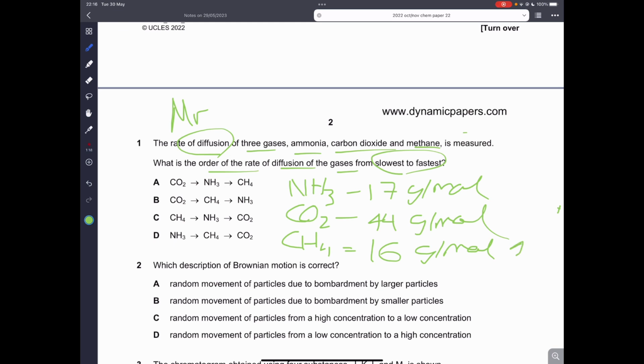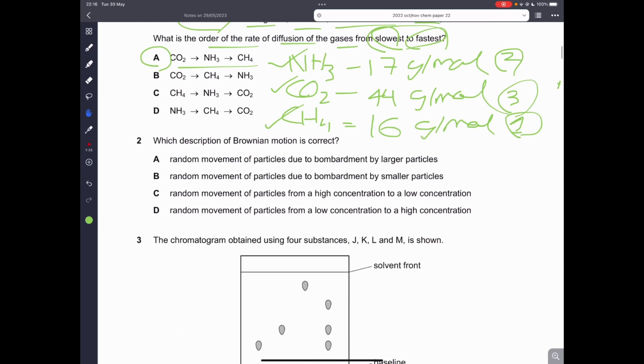So we know the 16 is the fastest, this is the second, and this is the third. Now the question is asking slowest to fastest, so we have to do the slowest first. The slowest is carbon dioxide, then ammonia, and then methane. So the first one is the correct answer.